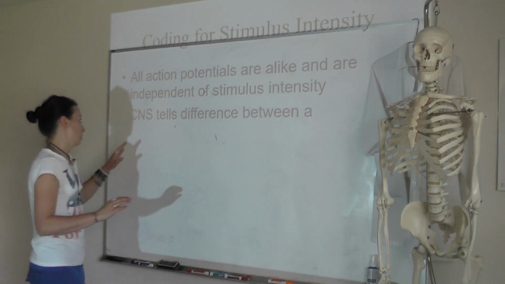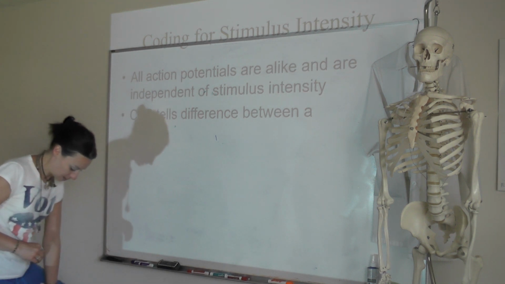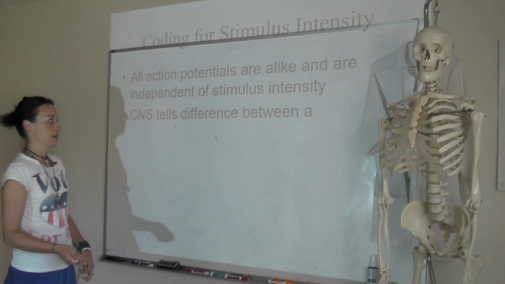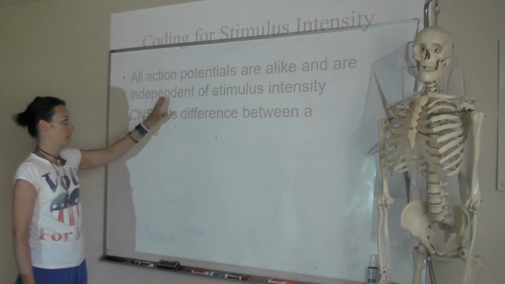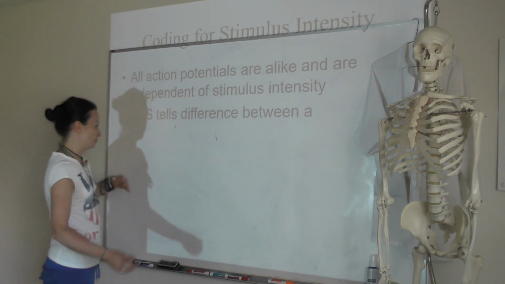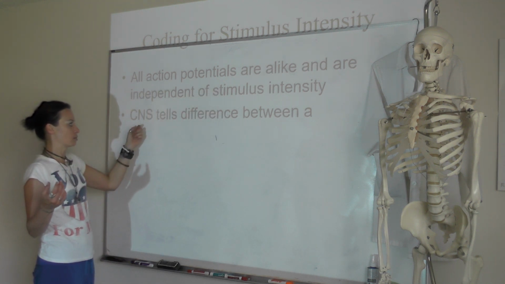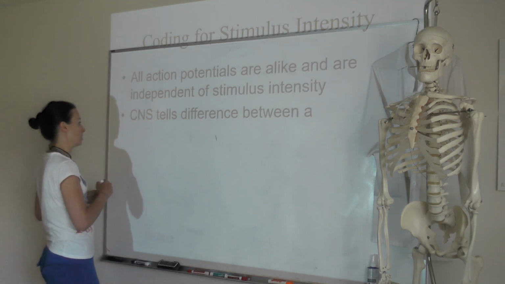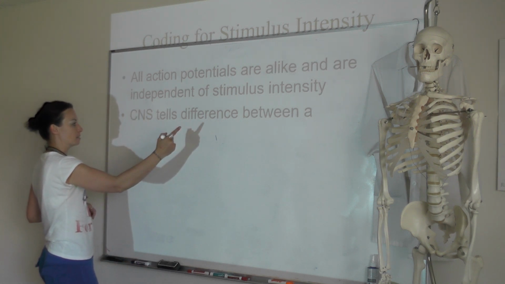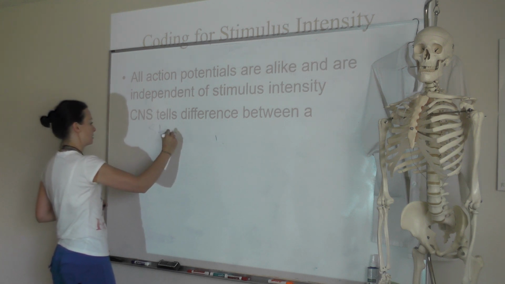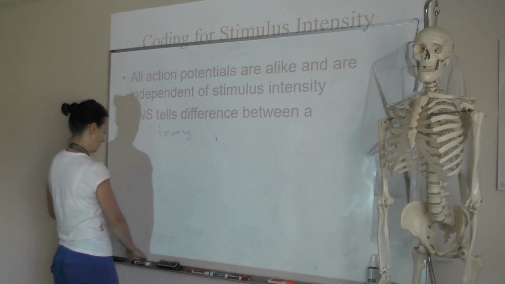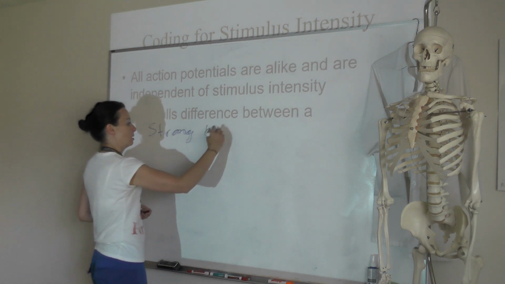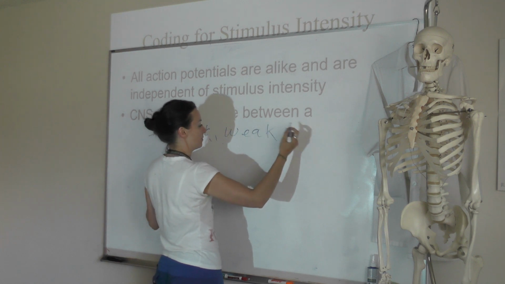Okay, so all action potentials are alike. They are the same magnitude, and they just don't change regardless of the stimulus intensity. So how does the central nervous system tell the difference between a strong stimulus and a weak stimulus? The CNS tells the difference between a strong stimulus and a weak stimulus by the frequency of action potentials.